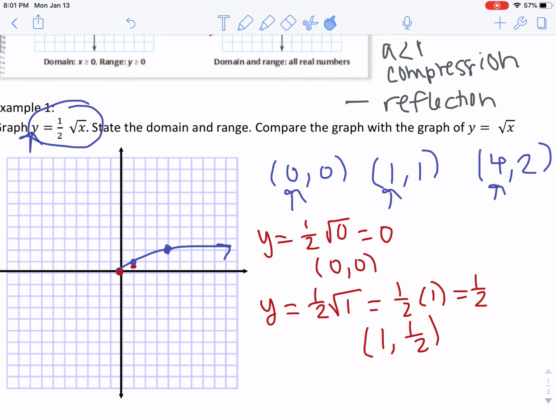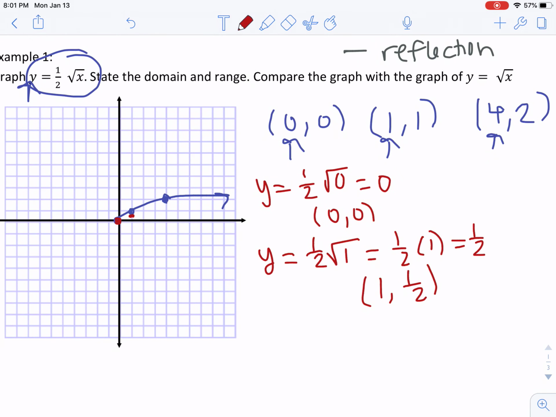And the last one is (4, 2). When we plug in 4, we get 1/2 of the square root of 4, which is 1/2 of 2, which is 1. So when I plug in 4, I get 1.